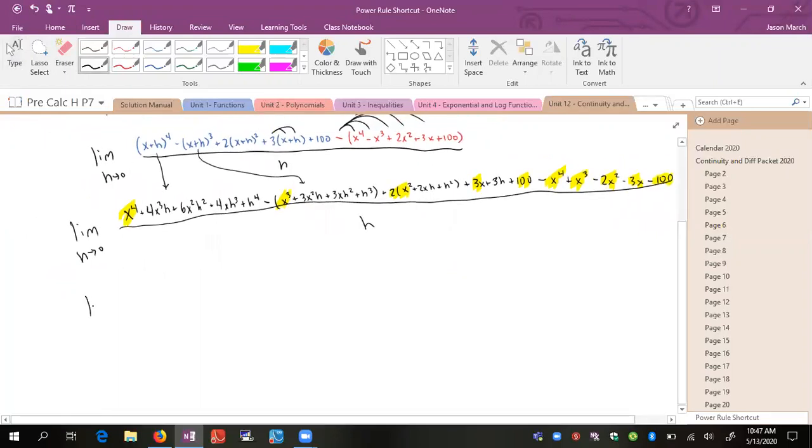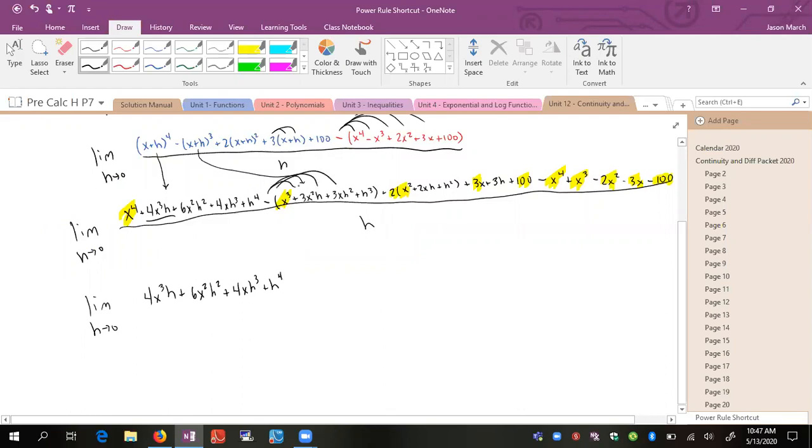So if I do the limit as h goes to 0, now I have 4x cubed h plus 6x squared h squared plus 4x h cubed plus h to the fourth. All right, I'm distributing some negatives now.